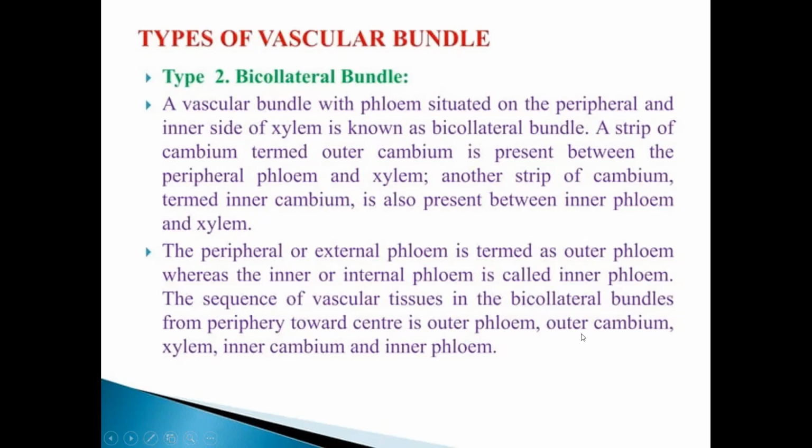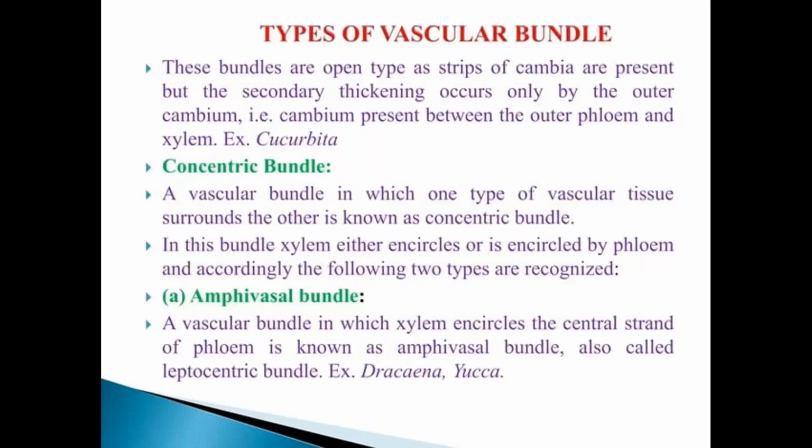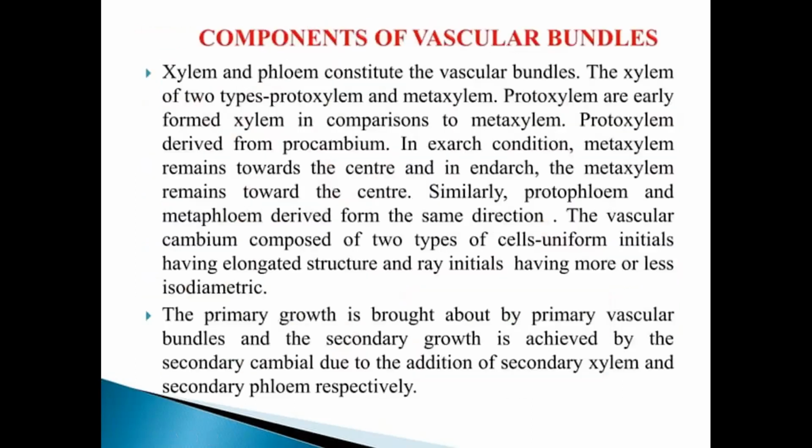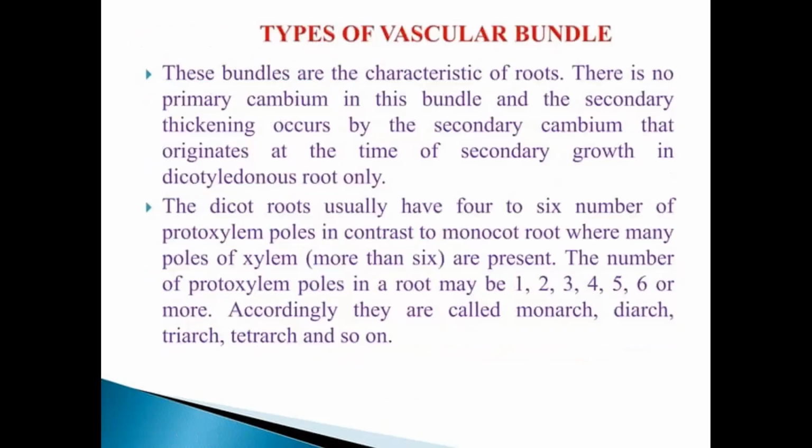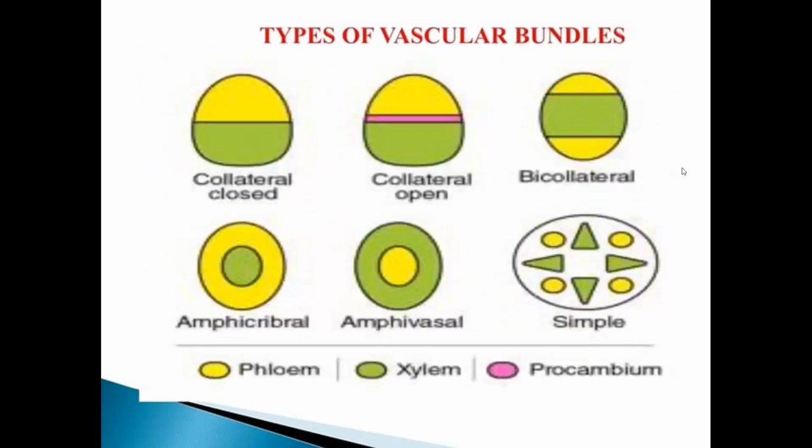outer phloem and outer cambium. Here the outer cambium and inner cambium are present. In this bicollateral bundle, the green colored one is the xylem, and on either side of the xylem is the phloem. This one is phloem and this one is also phloem.